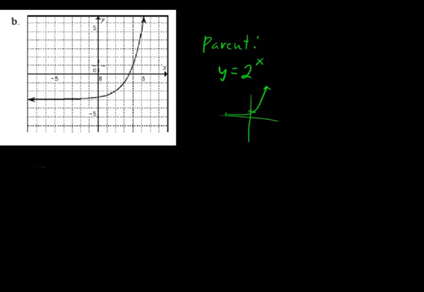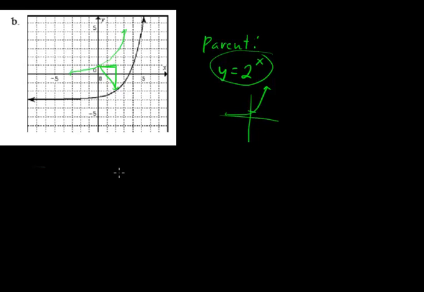If this is our original function up here, maybe we want to shift this point to right here, for example. So that would mean we want to shift it to the right by 2 and down by 3. Well, very similar to part A. But we're not reflecting it across any axis.